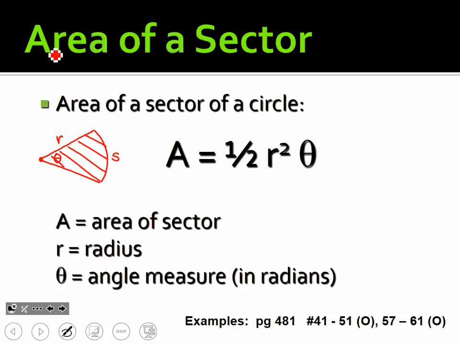The slice is not a perfect triangle, so we can't treat it as a triangle, although the area of a triangle using this straight edge would probably be pretty close to the actual area of that slice. If we want the exact area of the slice, then this formula will give it to us. That's 1/2 radius squared times theta, and again, theta has to be in radians.